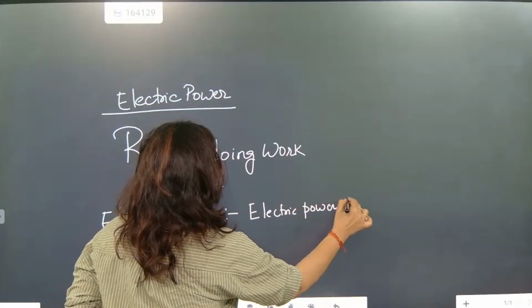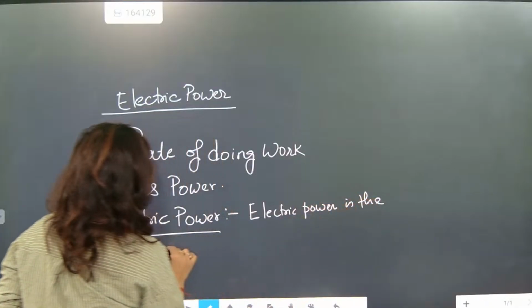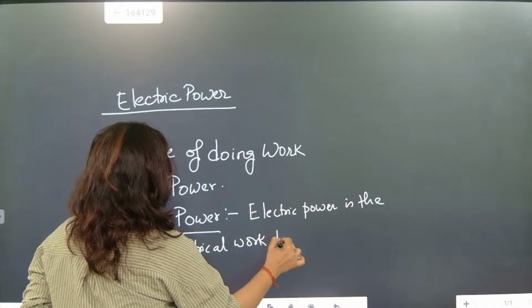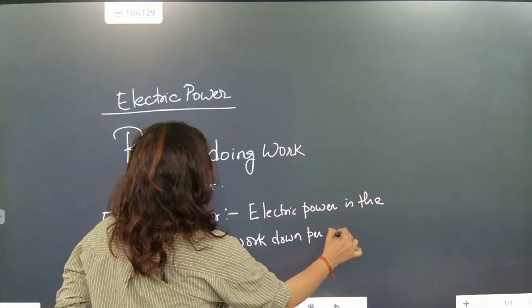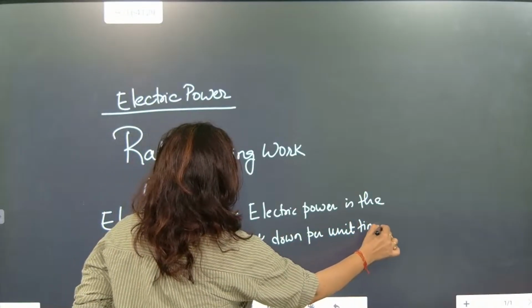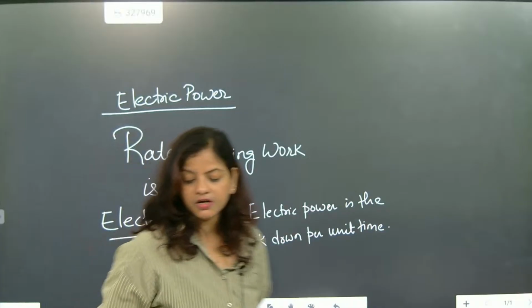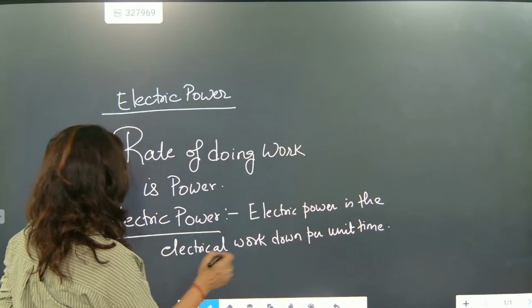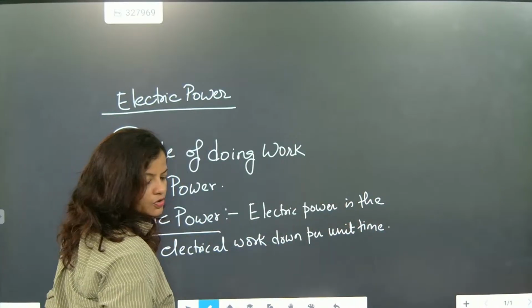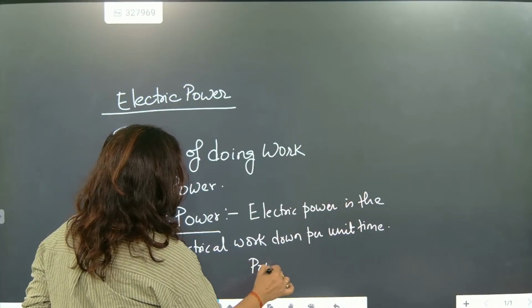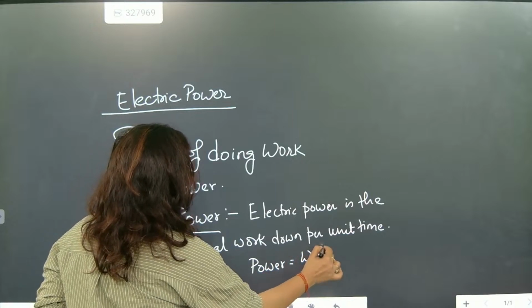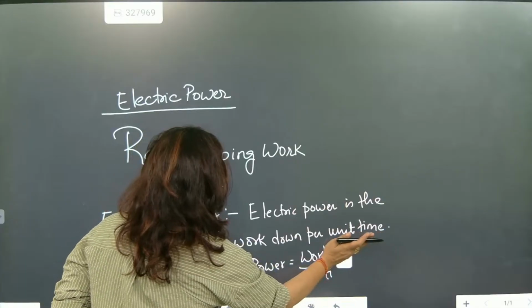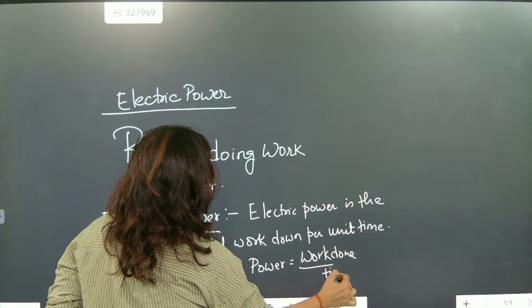Electric power is the electrical work done per unit time. Understood? So how are we going to write? Power is equal to work done by time.